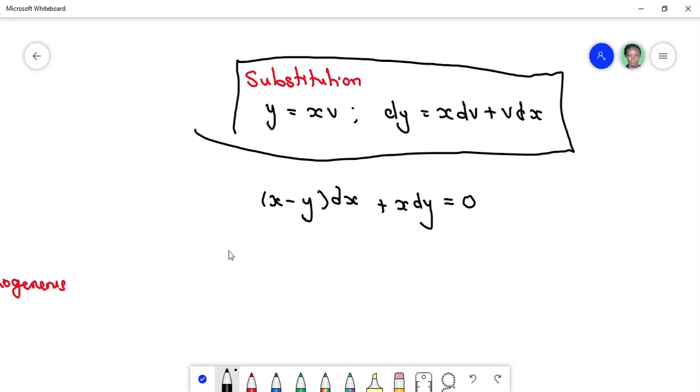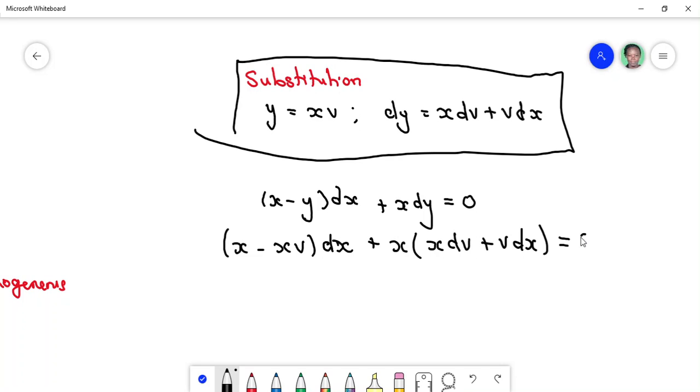This implies that I have (x minus y), where y is xv or vx, dx, plus x dy, which is x dv plus v dx, equal to 0.